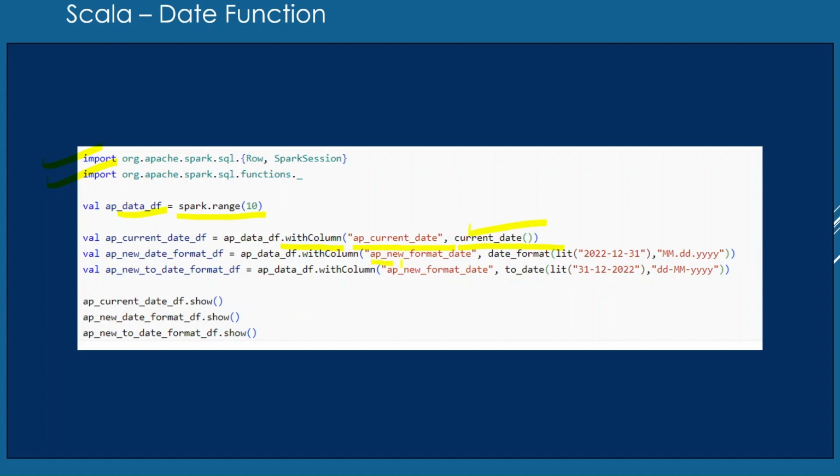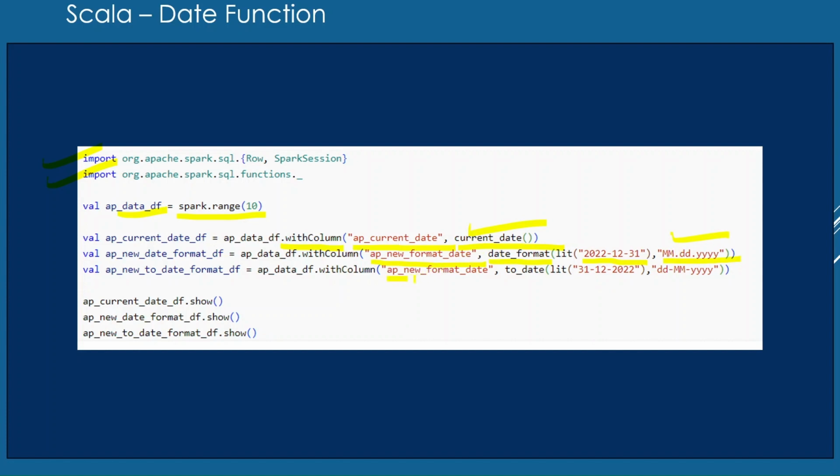Again, we are creating a column and populating it with the help of this date format function. It will take a date in this format, and it will format the date in this specified format, MM dd yyyy.